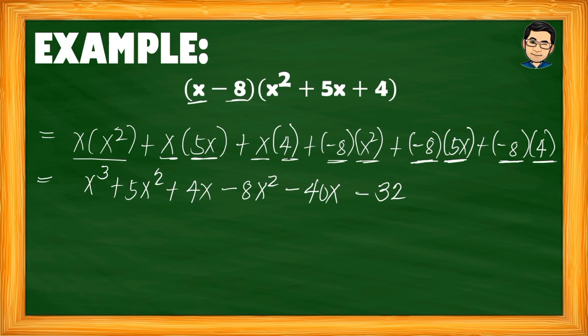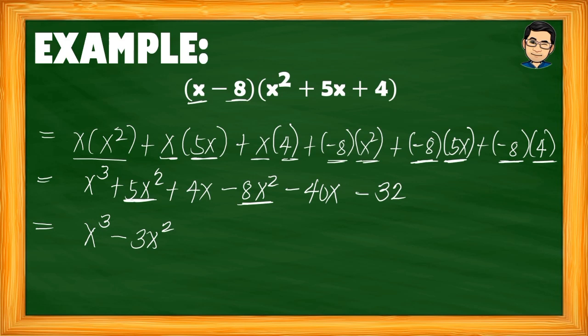So, simplify natin siya by combining the like terms. So, yung mga terms na magkakamuka. So, x cubed, as you can see, wala naman siyang kamukhang term. So, write down lang natin siya. And then 5x squared tsaka negative 8x squared. So, 5x squared minus 8x squared, that is negative 3x squared.